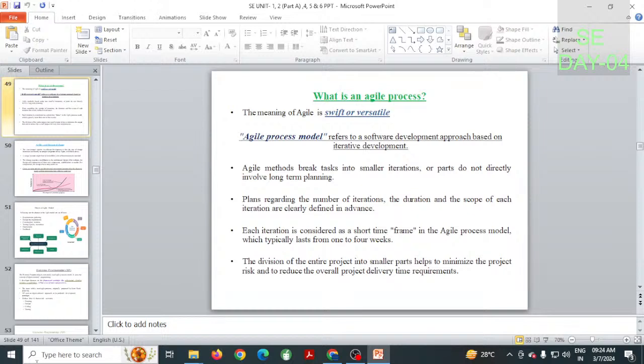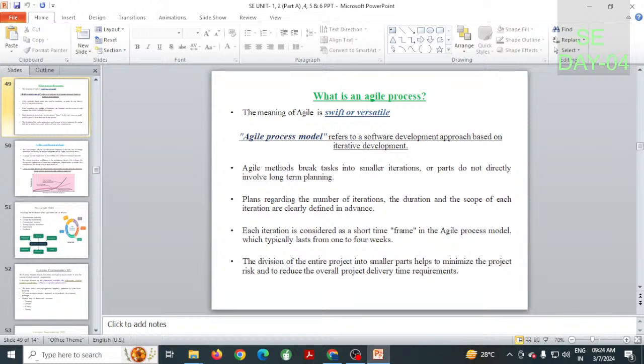Here, the planning concerns the number of iterations. The duration and the scope of each iteration are clearly defined in advance.